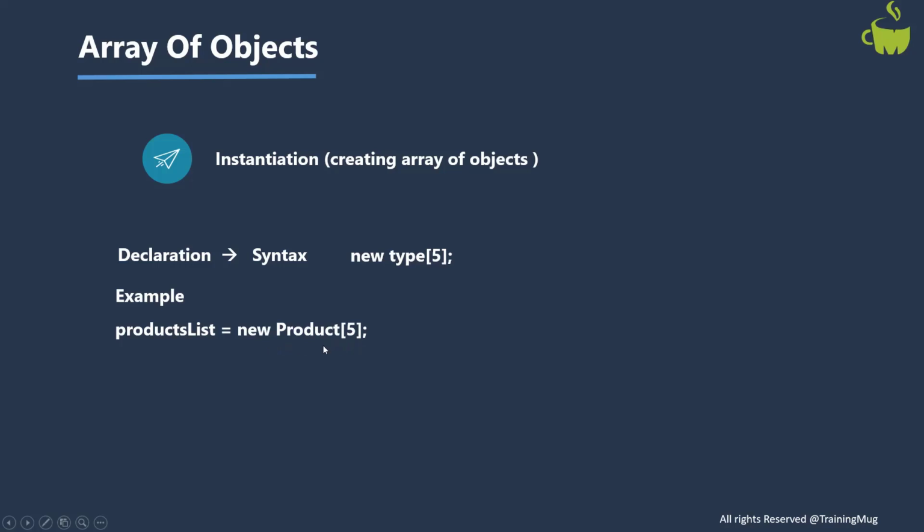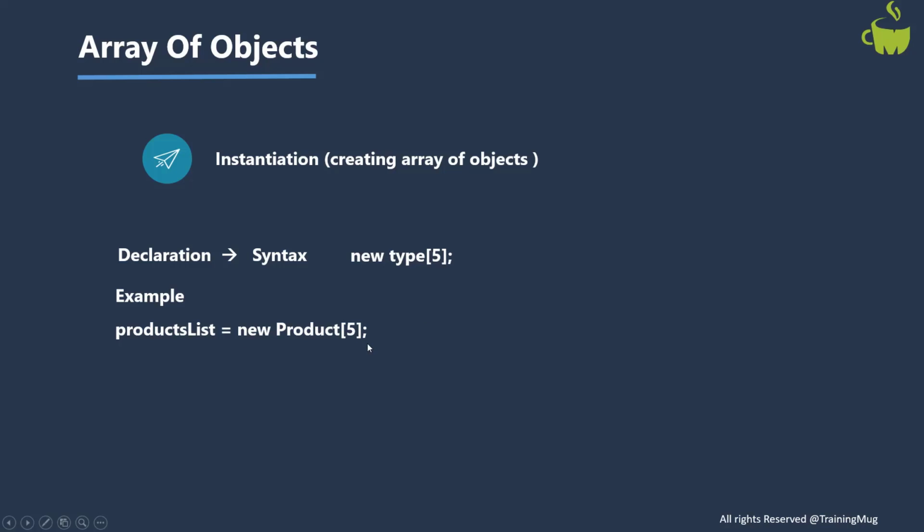This syntax pretty much looks like you're creating a constructor, but it's not a constructor. You should be very careful: when you're creating an object with a constructor, new Product, you provide parentheses, but here it is not parentheses, rather it is square brackets along with the size. So when you see new Product[5], an array of 5 Product elements is created.